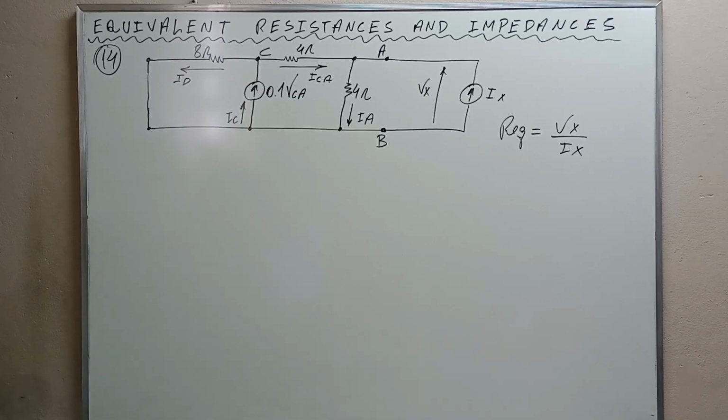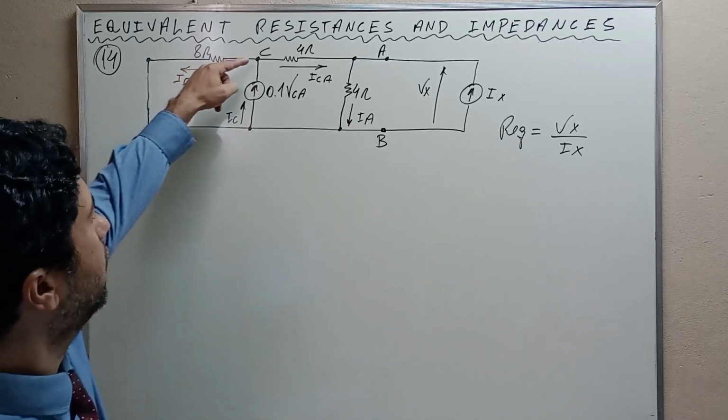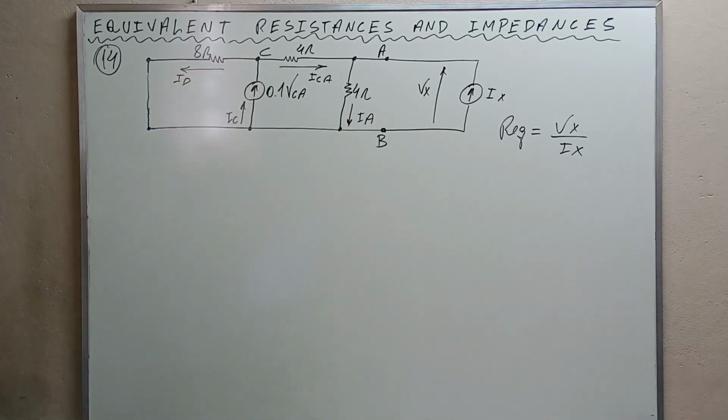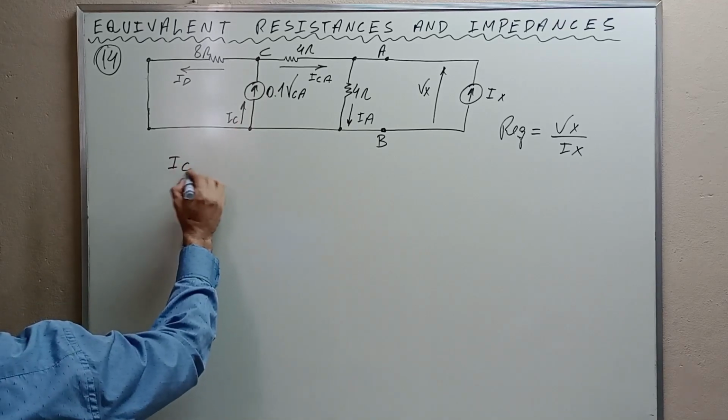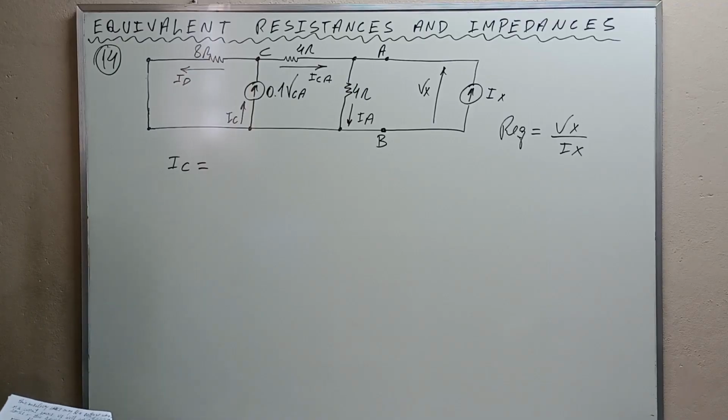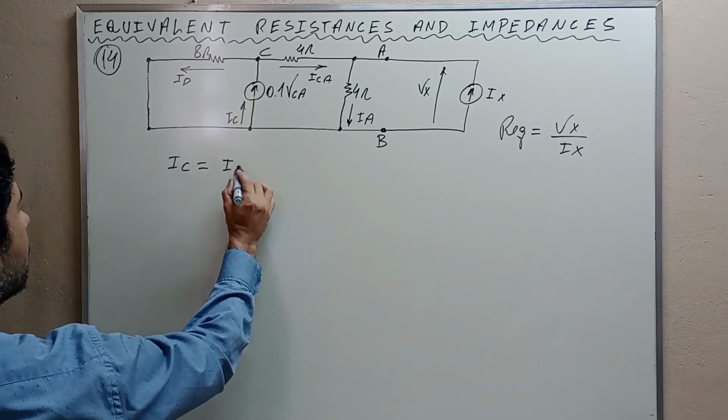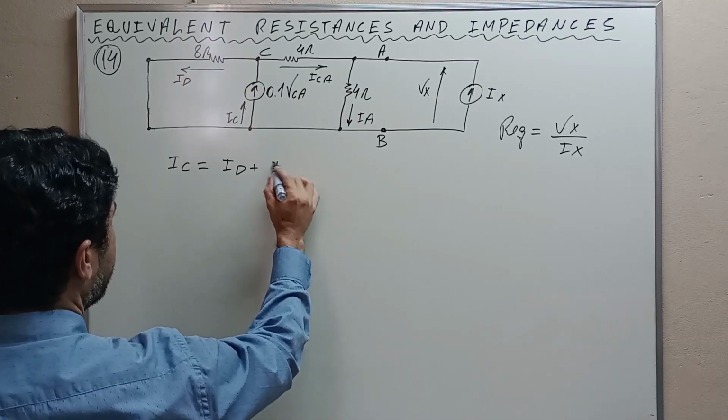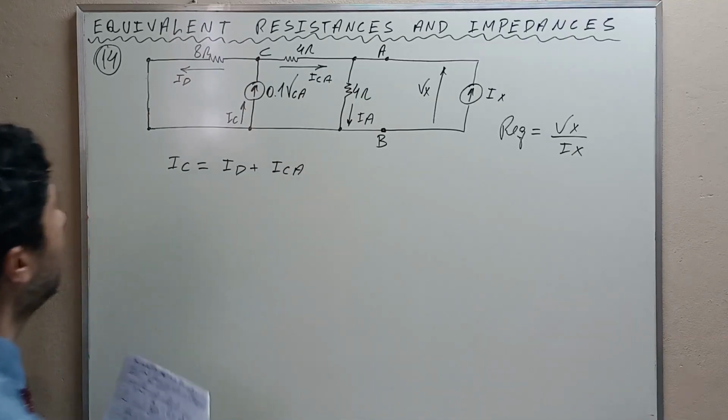Let's apply KCL at the node C. Here, remember that the sum of the currents that enter a node has to be equal to the sum of the currents that leave the node, okay? Therefore, IC enters the node. IC will be equal to ID plus ICA.